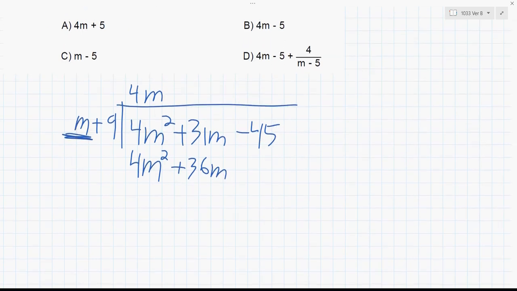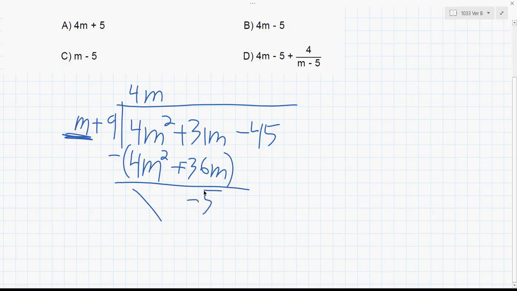Now, at this point, I have to do my math, which means I will make everything down here negative. So we'll cancel out the 4m squared. We'll then say that it's going to be 31m minus 36m, which will give us a minus 5m value, minus 45. We're going to bring down the next number set.